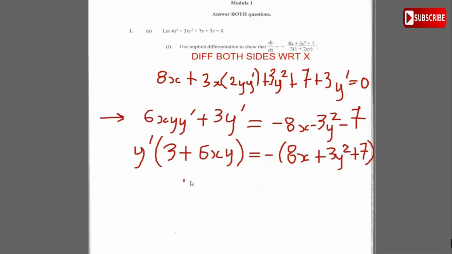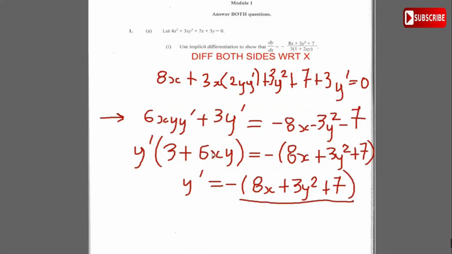That means y prime is equal to minus, in brackets, 8x + 3y² + 7, divided by 3 + 6xy, but from 3 + 6xy I can factor out a 3, and I'm left with 1 + 2xy.